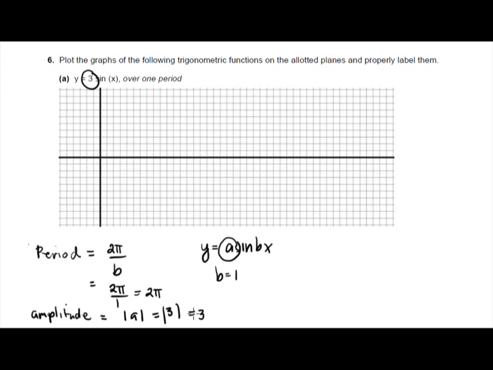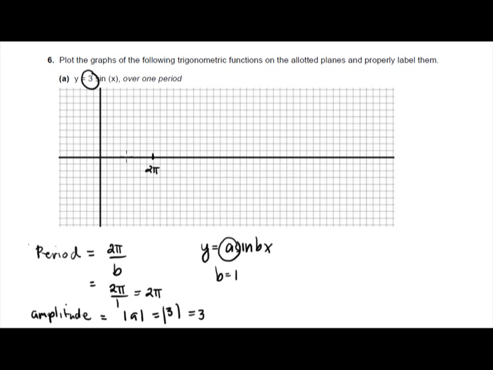So how do we plot these important numbers? So we can use a scale of 2. I'll plot the period here, which is 2 pi. And then what you have to do is you cut the period in the middle.